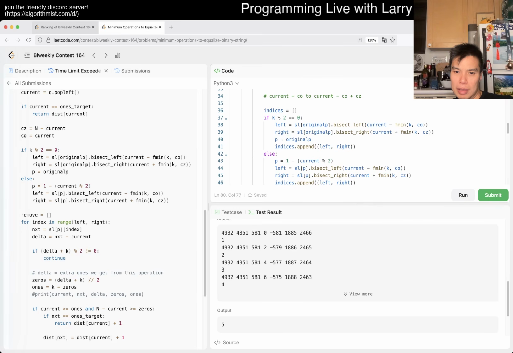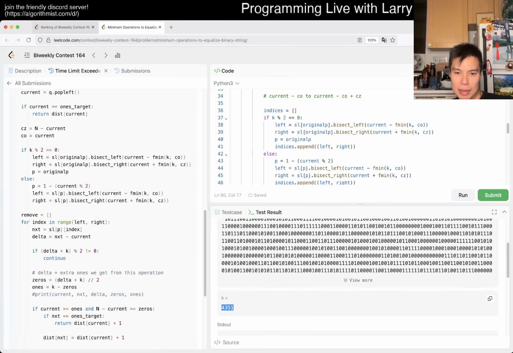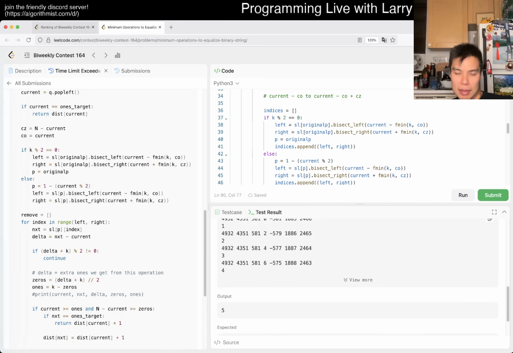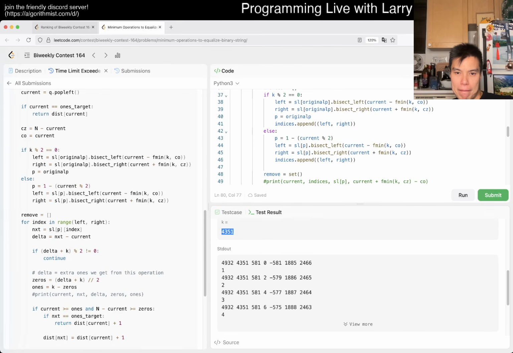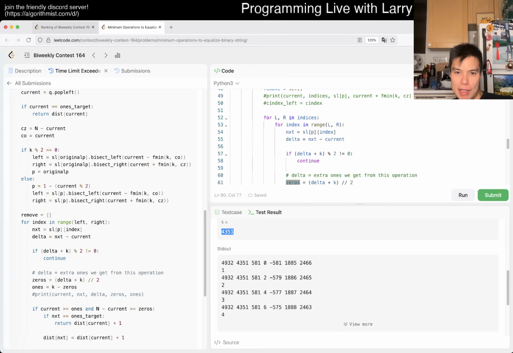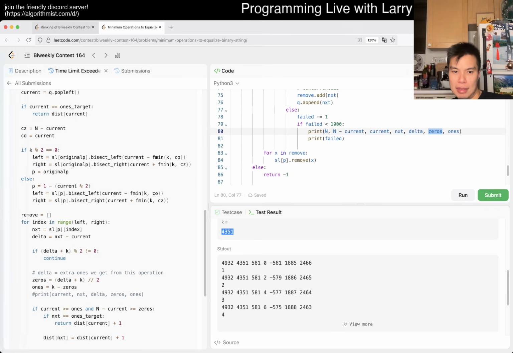Lower bound is negative. Oh, I forgot about k. What is k again? K is a big number. So if k is a big number, did I misread this thing? No, this is n. So the first k probably does a lot of stuff, but so then this is the second loop where it actually fails at 581.